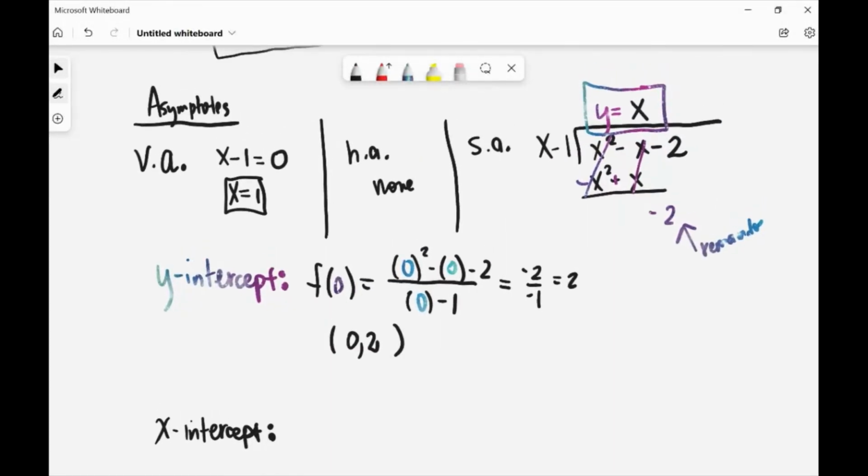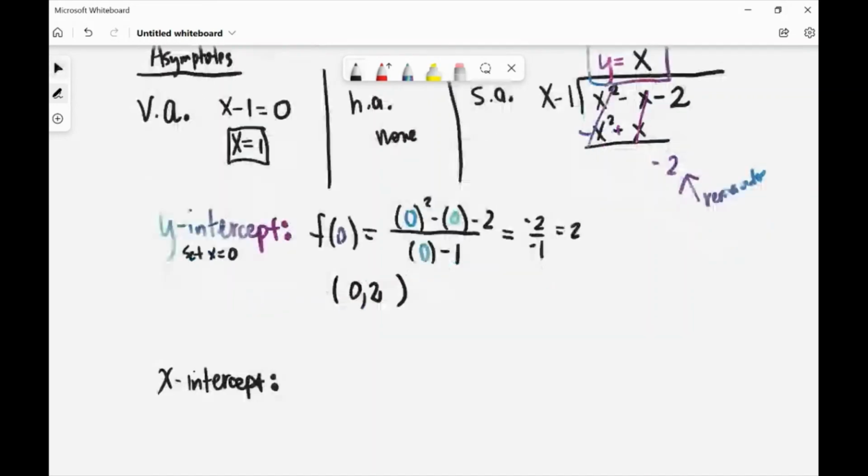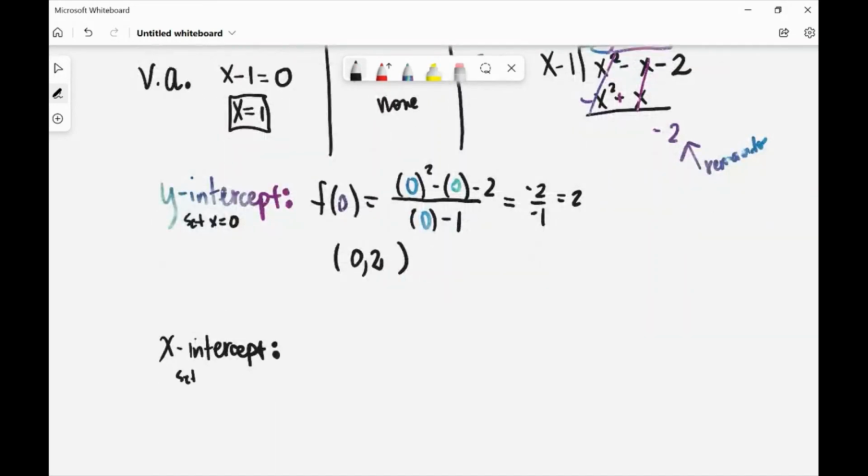Y'all, come on now. Set y to 0. Again, for the y-intercept, thank you, Alicia, you set x equal to 0. For the x-intercept, you set y to 0. It's the opposite of what you think you're supposed to do.